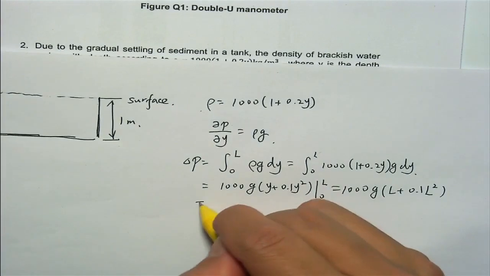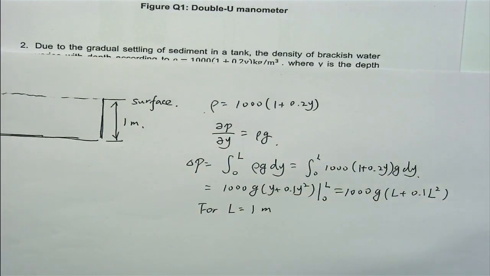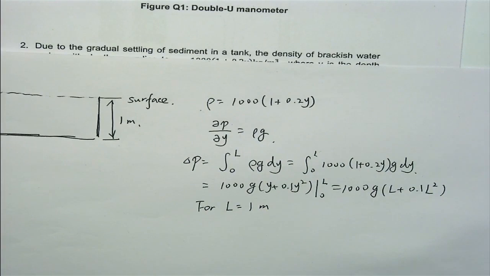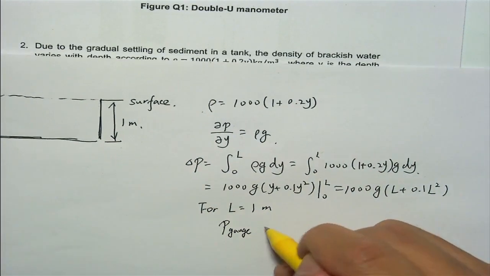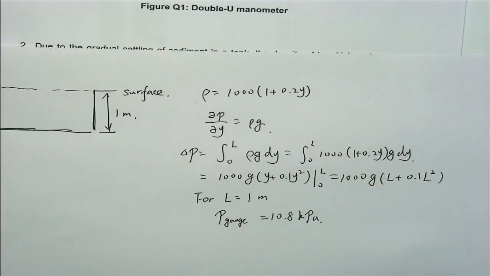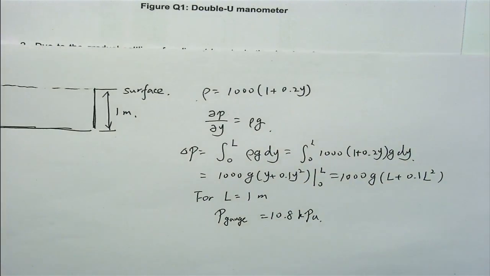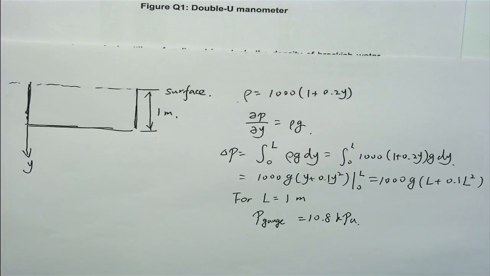So for 1 meter, we can get the P as 10.8 thousand pascals. So if the density changes with depth, we do the integration to get the pressure at a given depth. Any questions? Does that make sense?